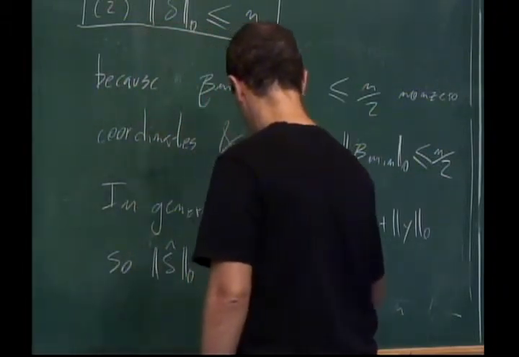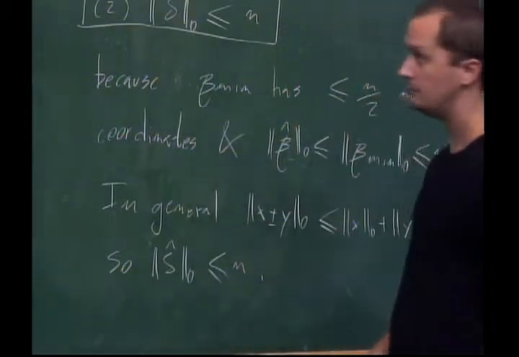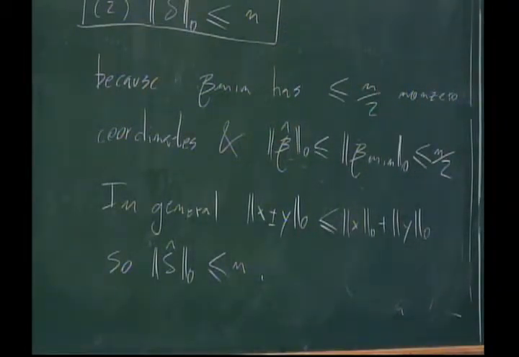So we're in good shape here. We have this property number 1, we have property number 2. And I claim that these two together imply that delta hat is equal to 0.